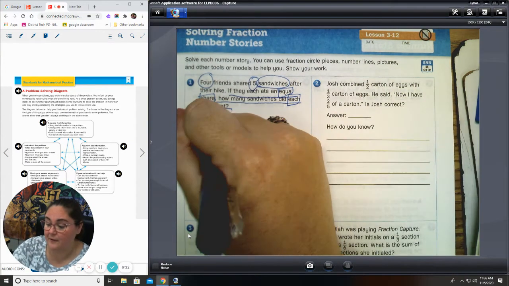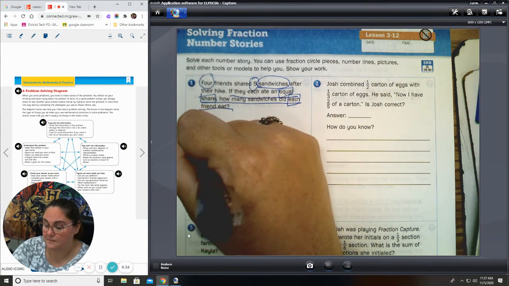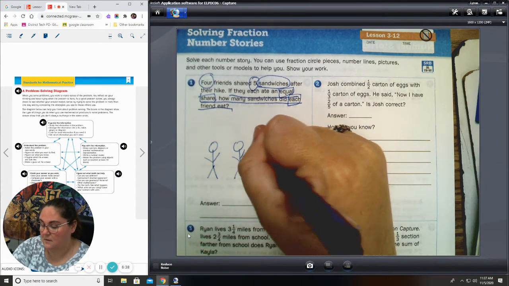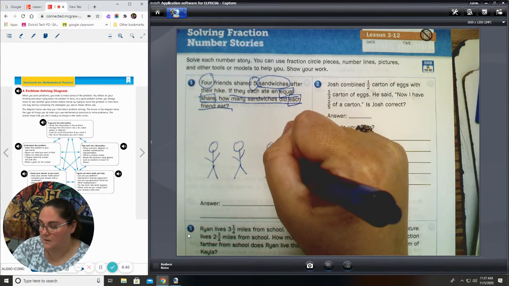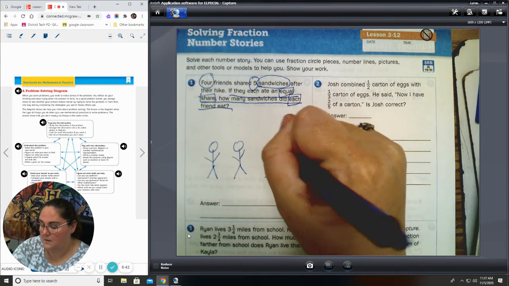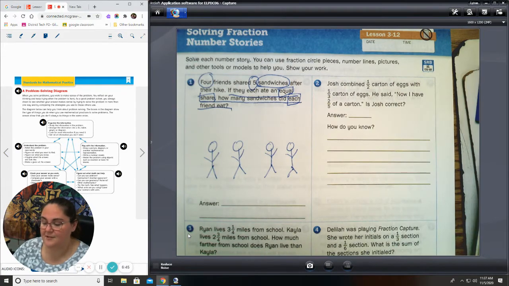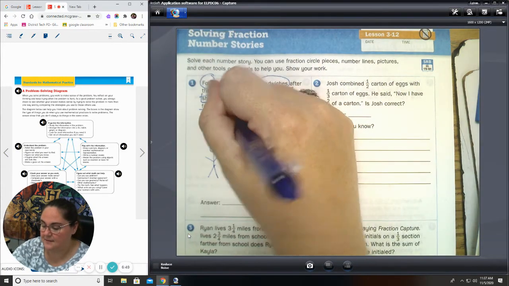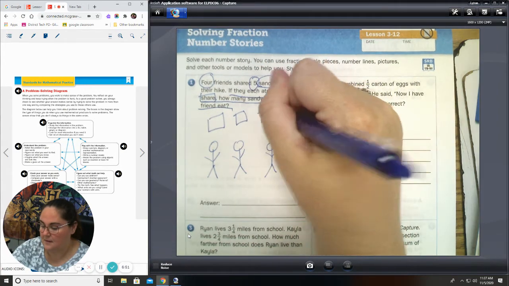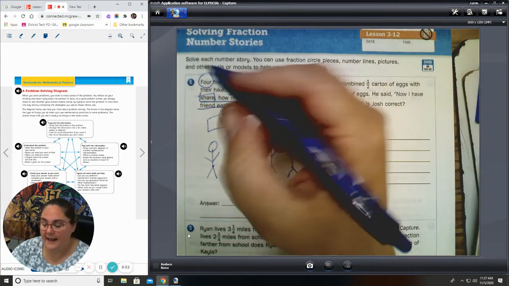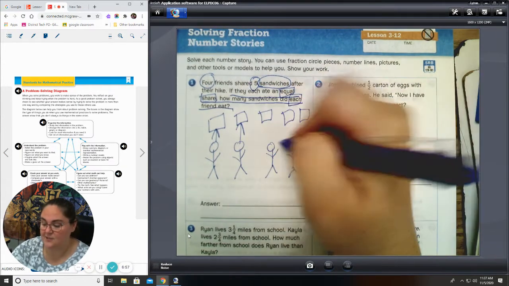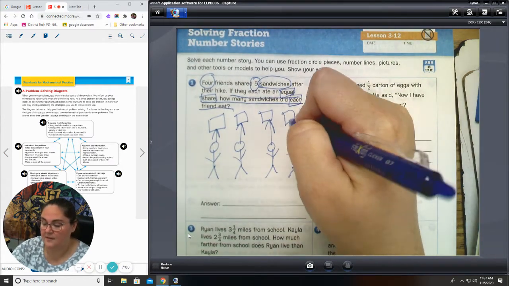So I'm going to draw my friends. All right, there's my 4 friends. Now, I'm going to draw my 5 sandwiches. All right, I'm going to say this guy gets this whole one because he can have a whole one. This guy gets this whole one, this whole one.